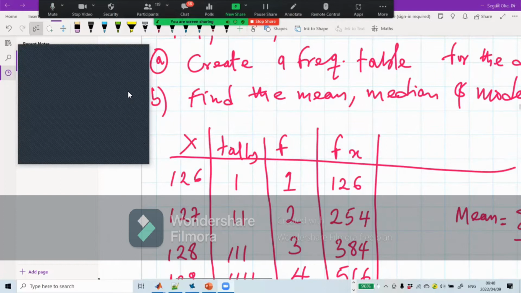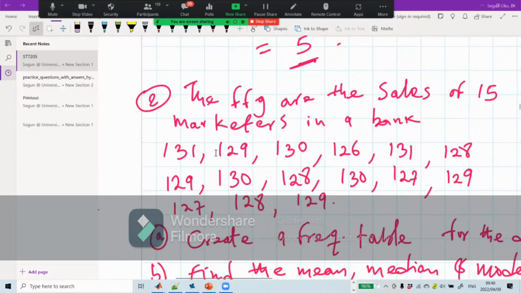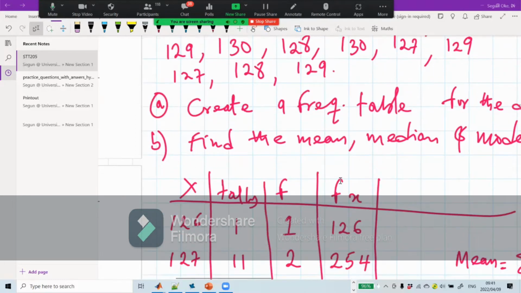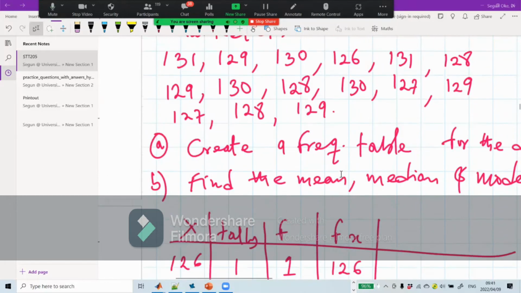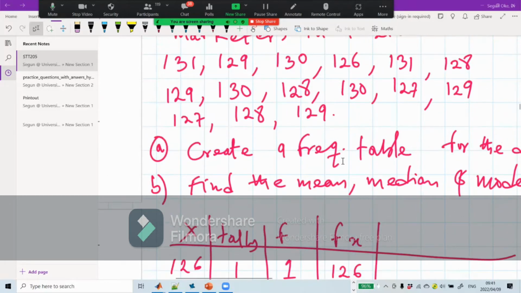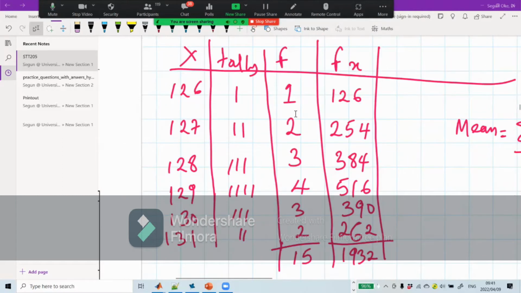The middle number. How do we identify the middle number? How many numbers do we have here? 15. What is the middle of 15? 7.5. If you approximate 7.5, what do you have? 8. Now go to your frequency.